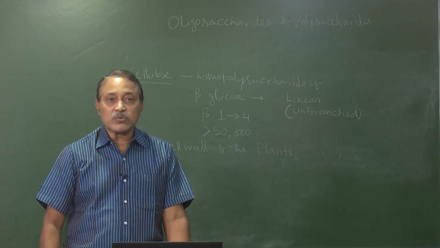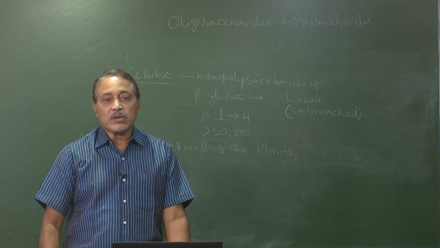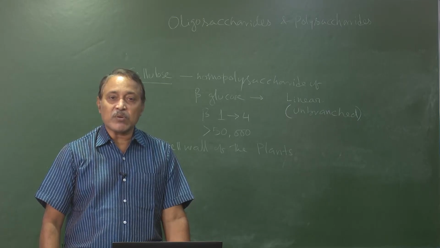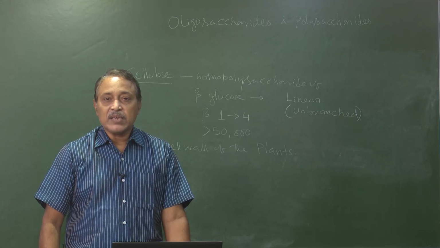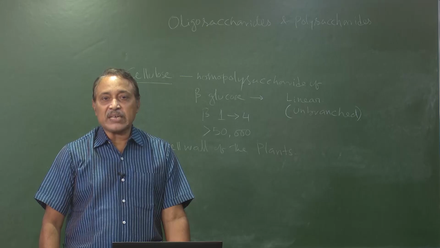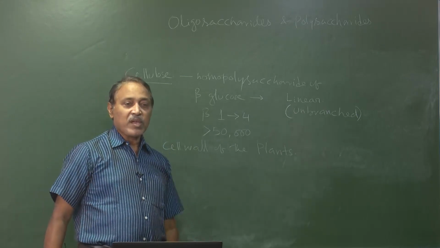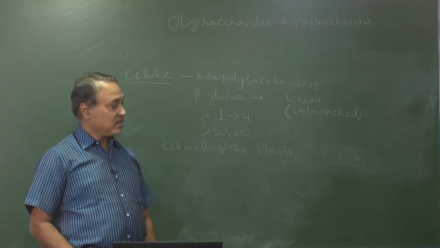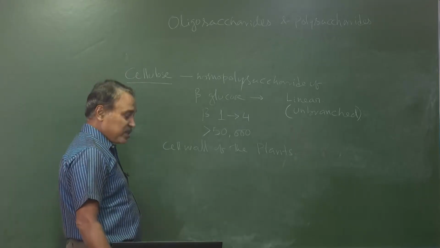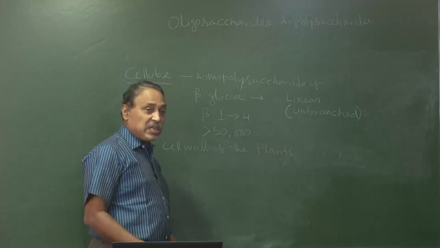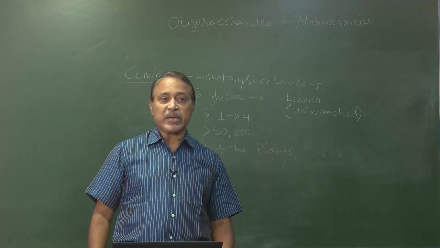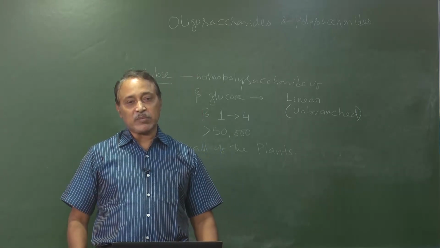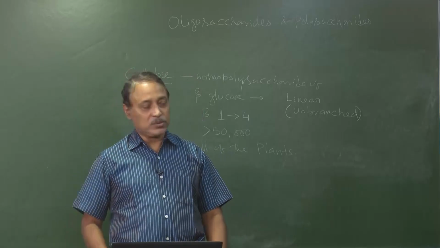The same glucose which you drink as Glucon-D makes your shirt, pant, bench, chair, the paper on which you are writing. All these things are made up of pure glucose. You can just imagine the biochemistry of all these things. Not only that, the dynamite which we make to blast things is also made of this cellulose.